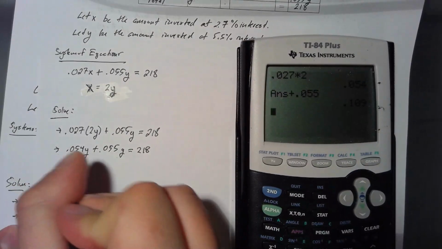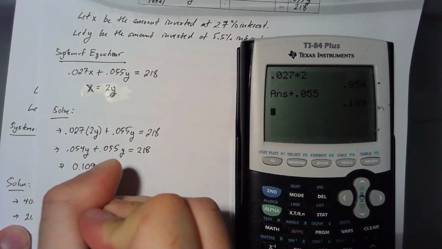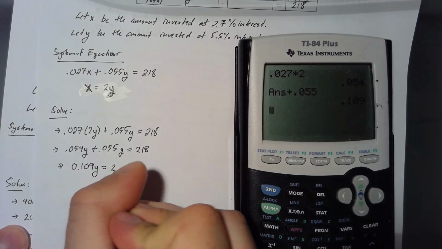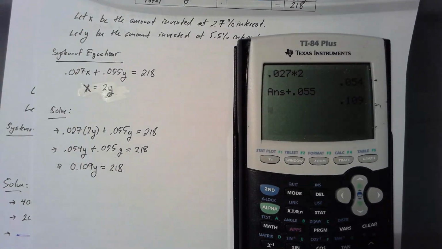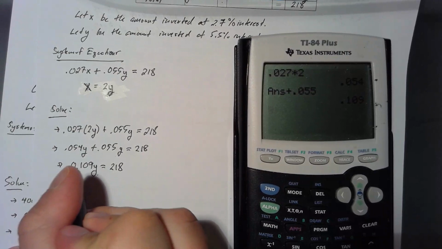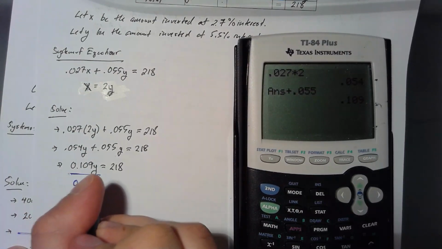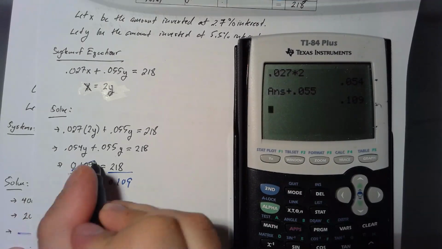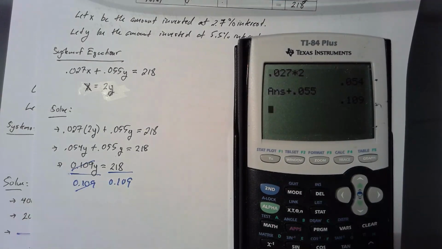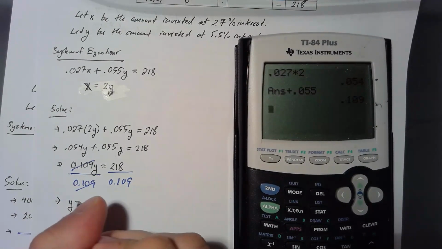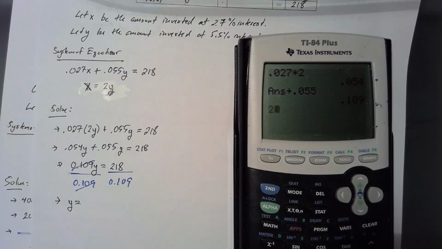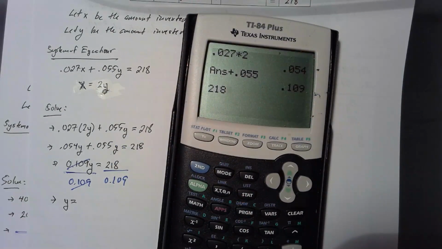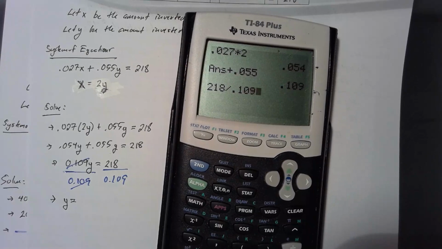So that's going to be 0.109y equals 218. So now to solve that for y, divide by 0.109, and you're going to get y equals 218 divided by 0.109.